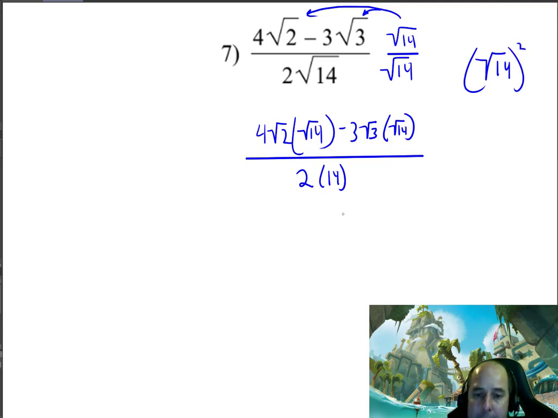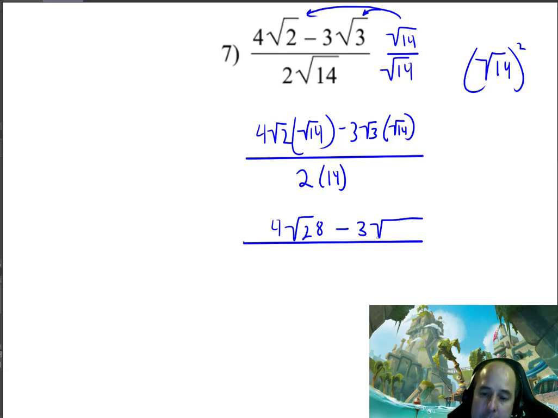All right, so now let me go ahead and simplify this further. So this 2 times 14 would make 4 square roots of 28, minus 3 square roots of 3 times 14, which is going to equal 42, I believe. Is that right?